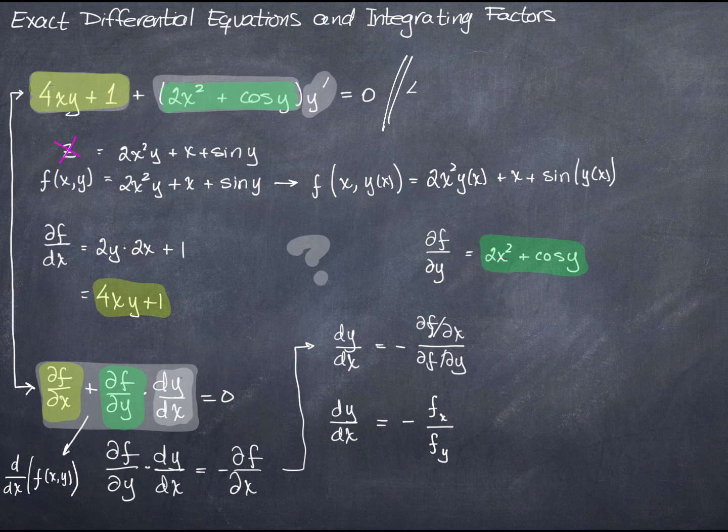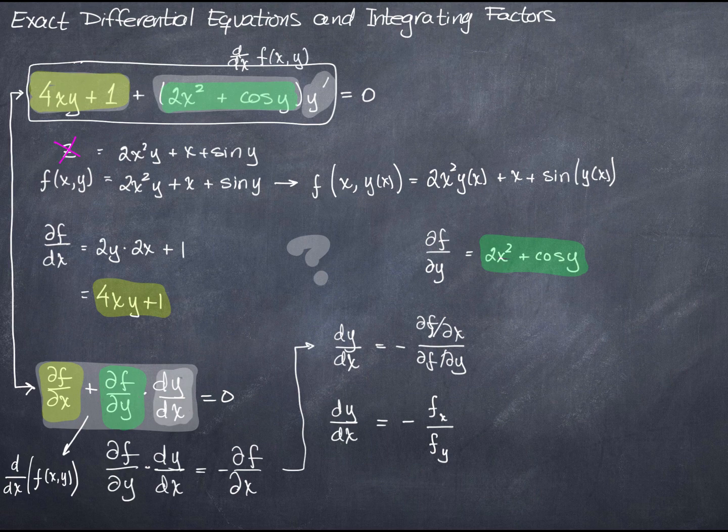What I want to do is indicate that this whole thing here can be written as the derivative with respect to x of f of x, y. And of course, the right-hand side there is still 0.